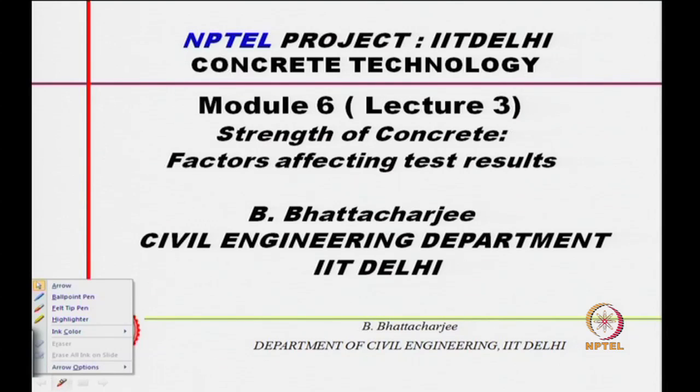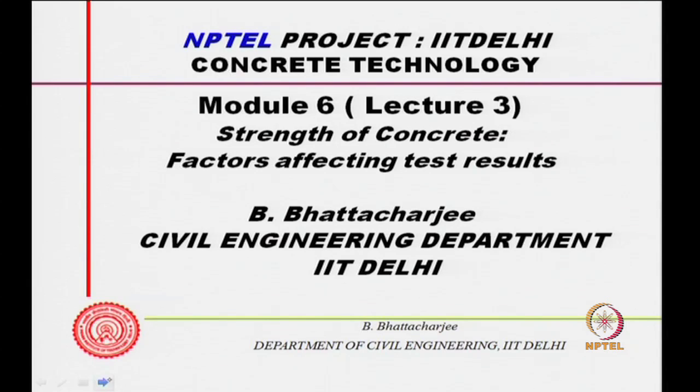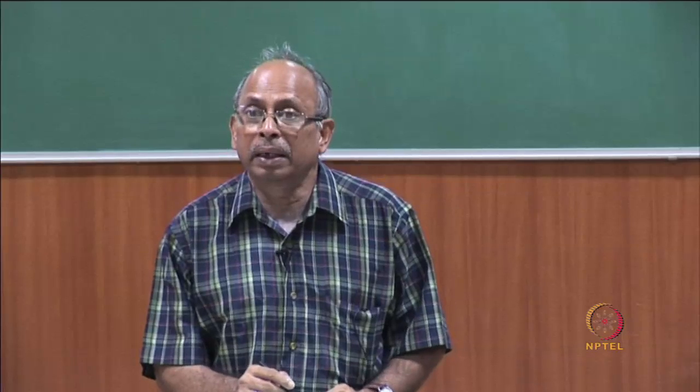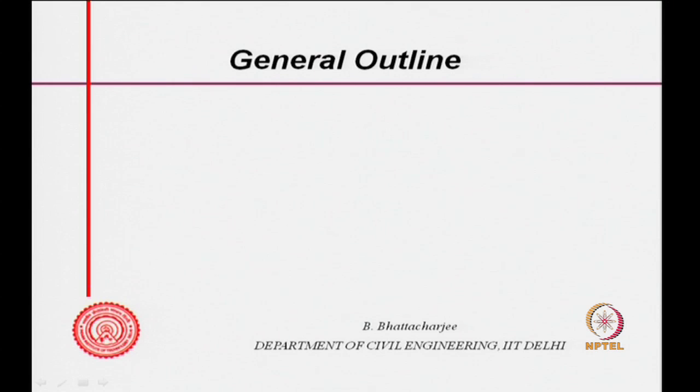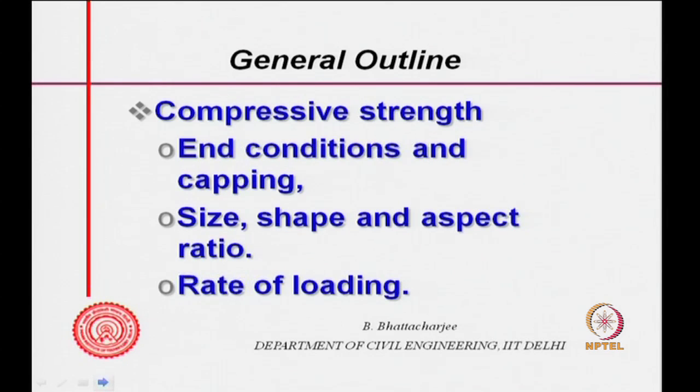So, essentially we are looking at what the test-related factors are and how they affect the strength. The general outline: the factors which affect the compressive strength are the end condition and capping of the sample or specimen that I take, the size and shape and aspect ratio of the specimen, and the rate of loading.